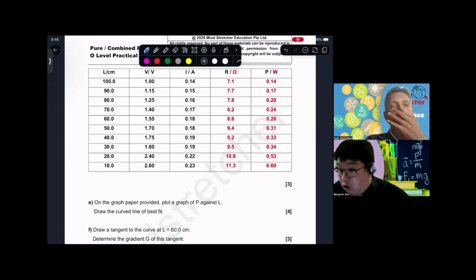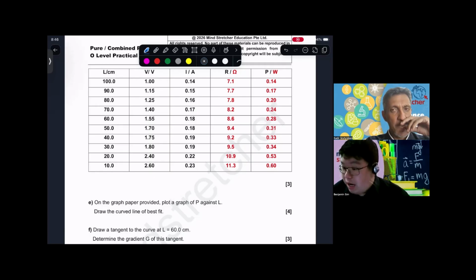For example, for your resistance, if you leave your answer in 2SF, your answer for 20 and 10 will be 11 and 11, so they will both share the same data. Is it okay if you are not using it to plot your graph? I guess it's okay. I don't think you'll be penalized.